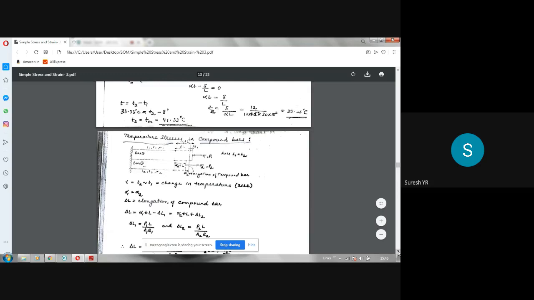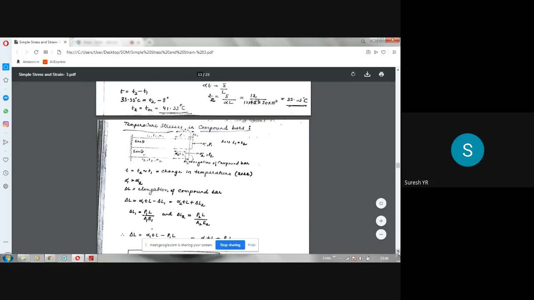The second condition was the strain compatibility condition, where we have used that the change in length in all the bars will be same. So delta L1 is equal to delta L2 is equal to delta L3. That's what we have used for solving problems of compound bars earlier. Now the same conditions can be applied for solving problems of compound bars also subjected to temperature stress.